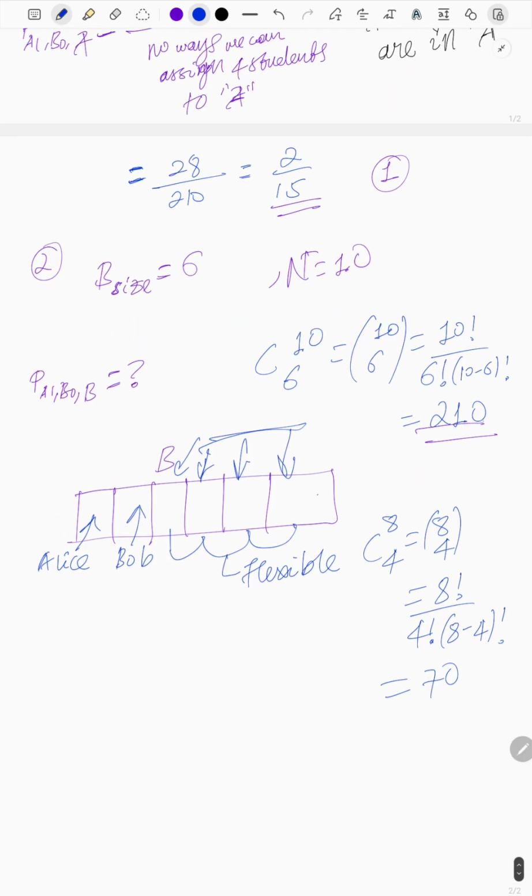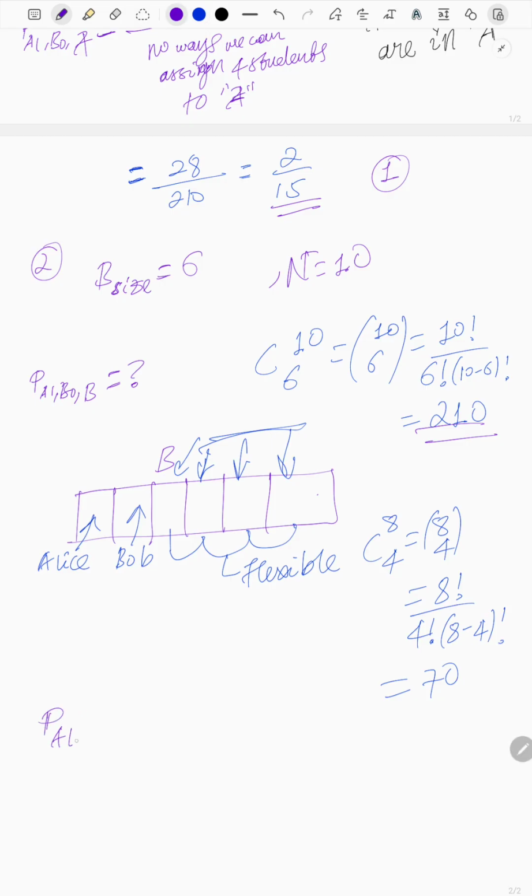And this 210 is the number of ways we can create group B, whether Alice and Bob are present or not present. While this 70 is the number of ways we can create group B where Alice and Bob must be present in that group. So the probability we are asked for in the second question, we can find it now.